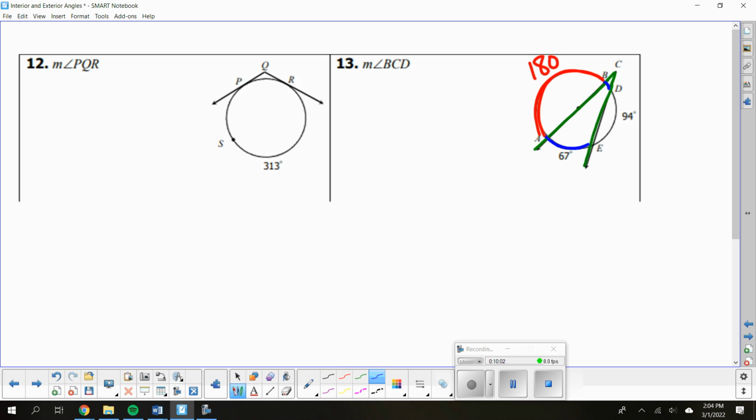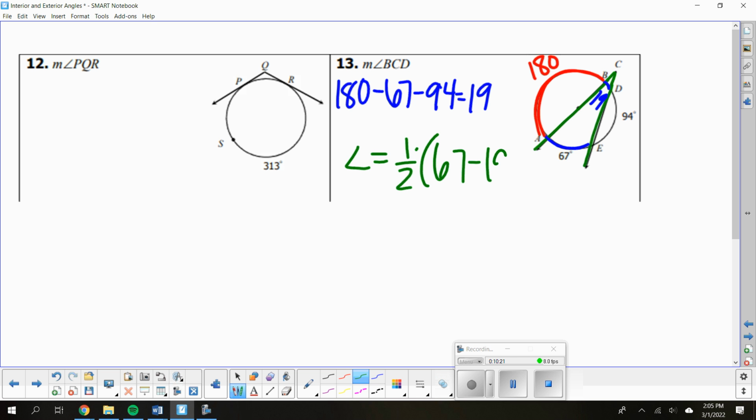So I could do 180, because I know I'm only doing half a circle, minus 67 minus 94, for a total of 19. So again, that's the part right there, 19. Your angle is equal to 1/2 big arc minus small. So angle BCD is equal to 24 degrees.